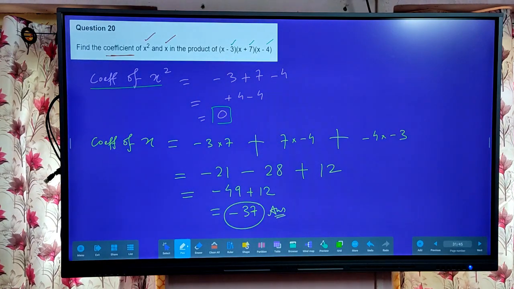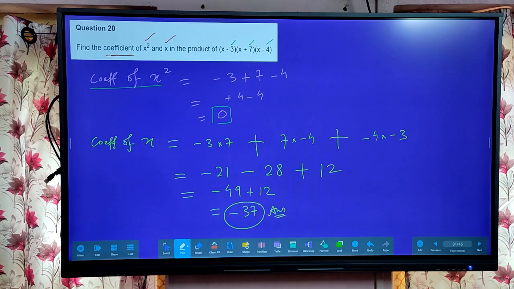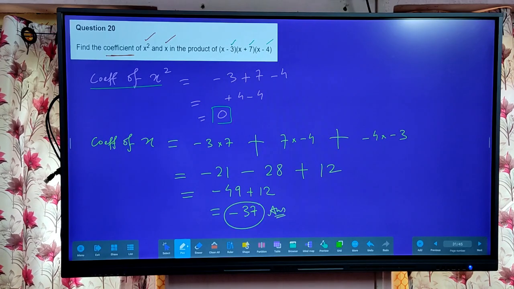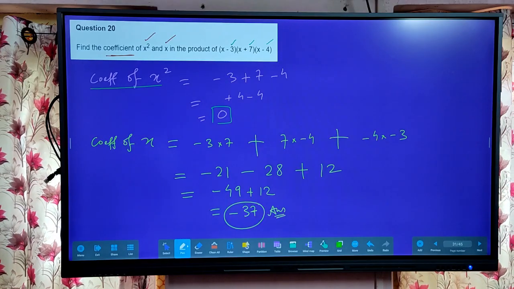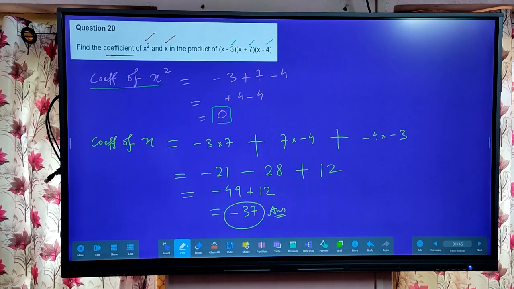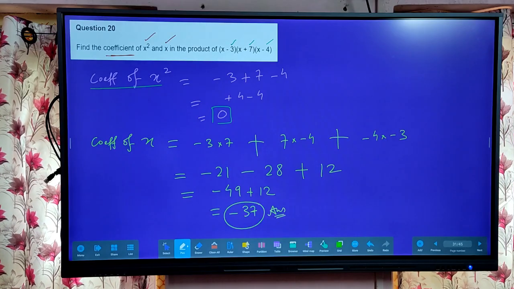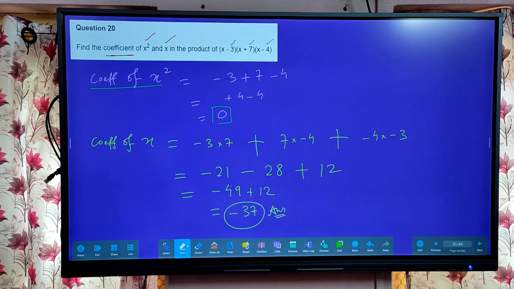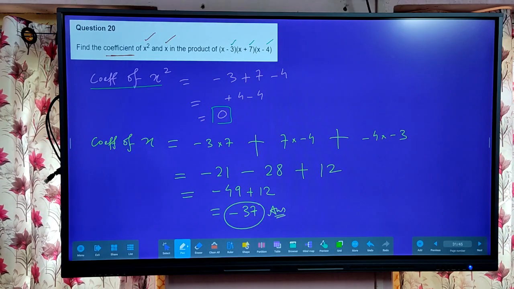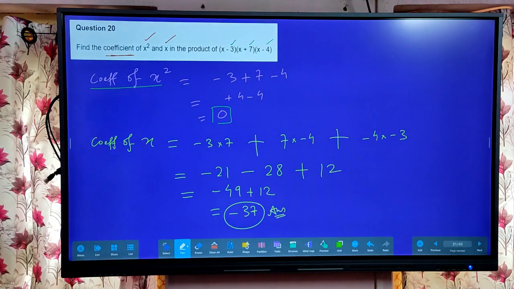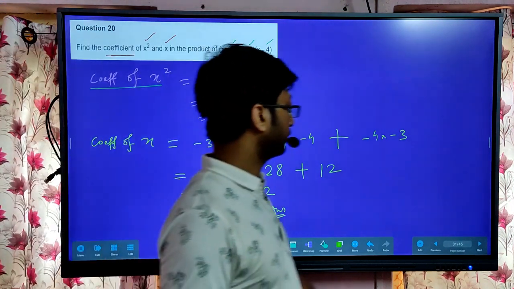Okay, this will be the coefficient of x. Write it down, pause the video, then let's move on to the next question.